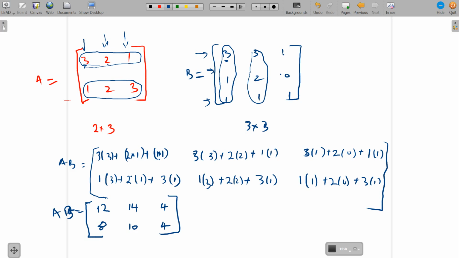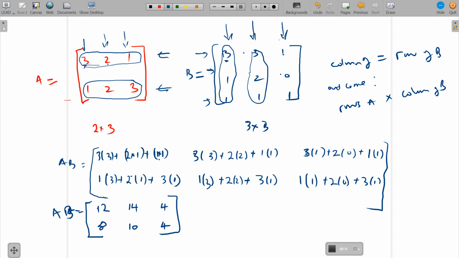To be able to multiply two matrices, the number of columns of A must be equal to the rows of B. Then the outcome will be the number of rows of A by the number of columns of B. So if you look at it, A here has two rows, row 1, row 2. B here has three columns, 1, 2, and 3. So the outcome will be 2 by 3. This is a 2 by 3 matrix. I think that will be okay.